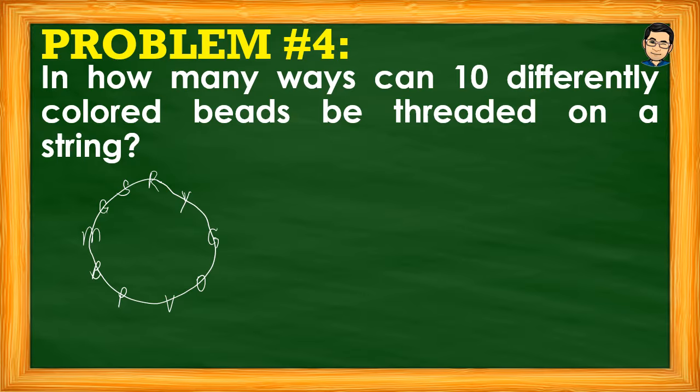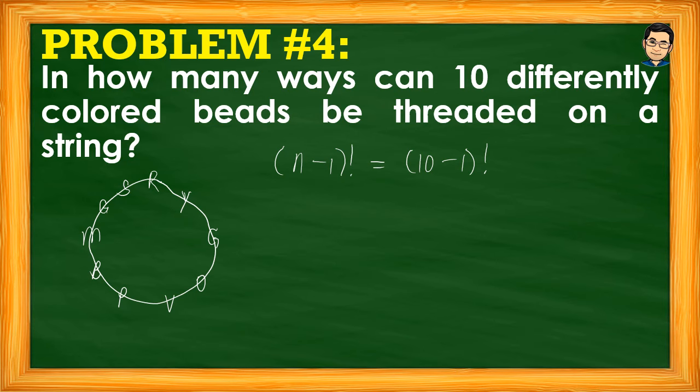Okay. So, kung yung formula natin for circular permutation is n minus 1 factorial, di ba? That is 10 minus 1 factorial. Yan siya. Since yung ating pagte-threaded ng ating mga colored beads, pwede po natin yan gawin ng pa-clockwise direction o kaya naman counterclockwise direction.